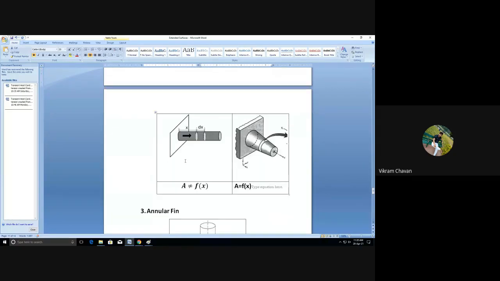So you can draw these simple diagrams. You can draw 2D diagrams also, no need to draw 3D diagrams. But there should be a circular cross-section. In this case, you have to show the uniform cross-section, and in this case, you have to show the non-uniform cross-section.